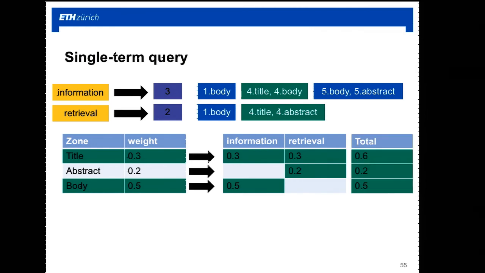So what you do then, and this is an important step, if you have several terms in the query, information and retrieval, you add these vectors. You add the scores here. So for the title zone, you have a score of 0.6, 0.2 for the abstract, and 0.5 for the body. And then you add all that, and you get 1.3 as the total score for document 4 for the query information retrieval.